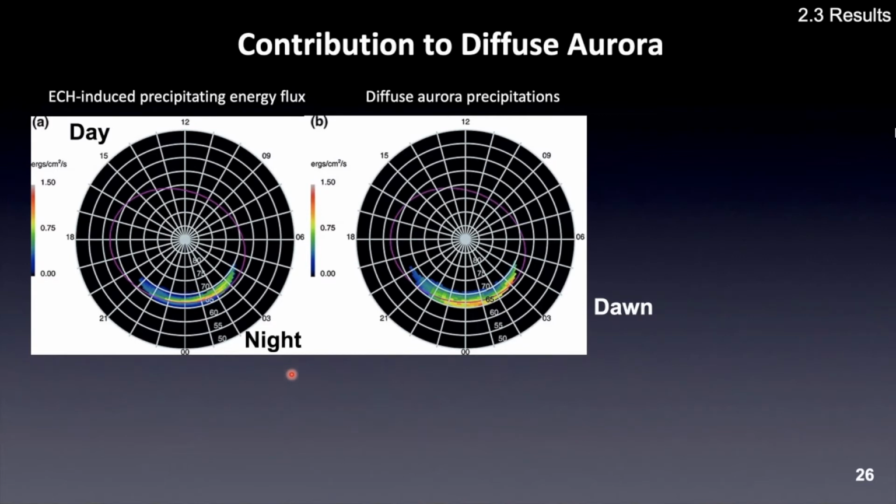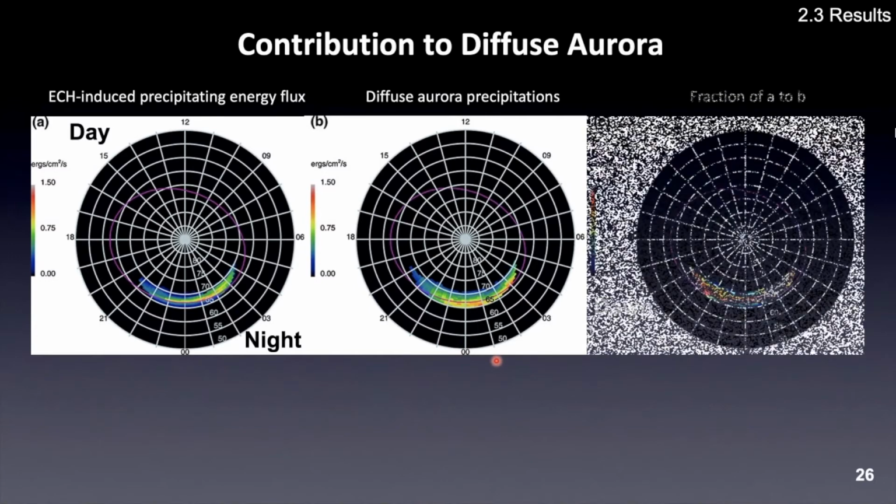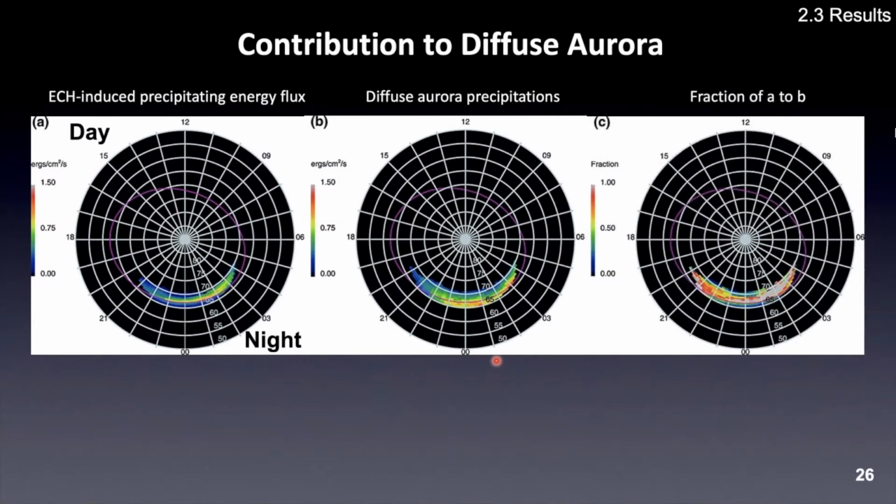If we take the ratio of this one versus this one, this is the contribution of ECH waves to the diffuse aurora in a general sense. This panel plots this ratio in a similar format as the previous two panels. So this basically quantifies how much of this diffuse aurora precipitation comes from ECH wave scattering.